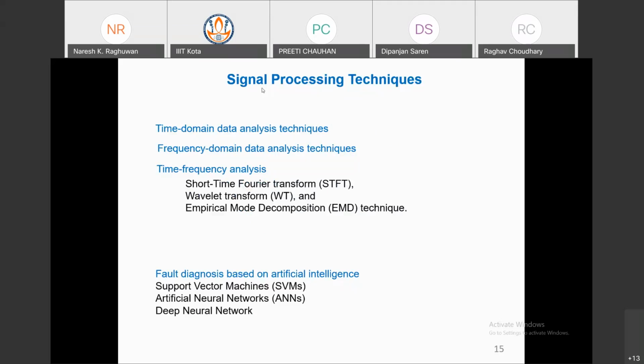If just capturing the time domain, everybody knows, okay, this is the time, this is the amplitude of the velocity or acceleration or displacement, and by seeing the result, you can say, okay, this is the healthy signal, this is the faulty signal, and the faulty signal is something like that. Or some statistical parameters you can find out and then differentiate between the healthy and faulty.